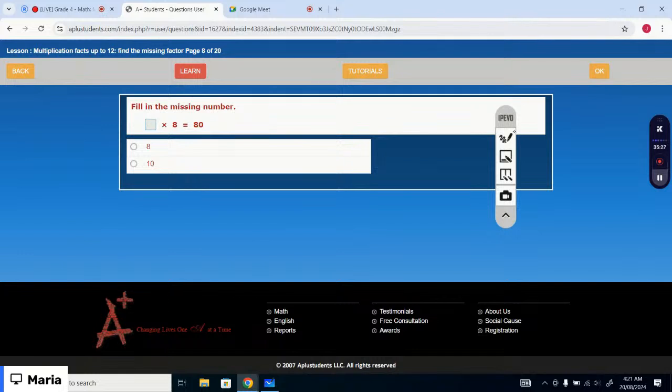The next one is 8 times the missing number is 80. So which number is missing? Yes, that is 8 times 10 is 80. The correct option is 10.